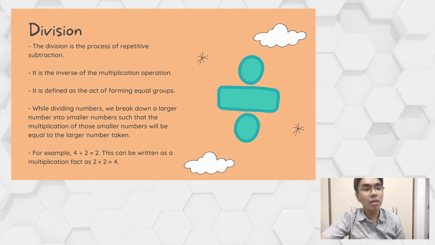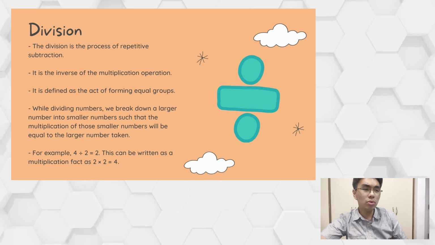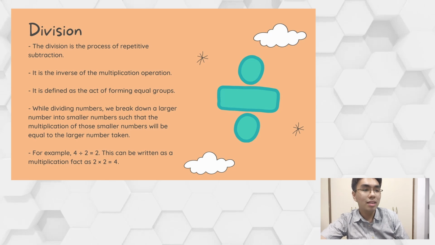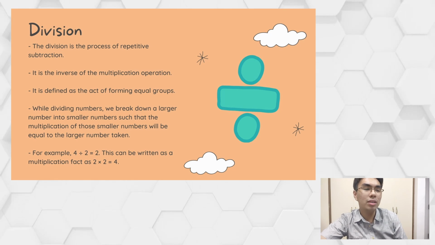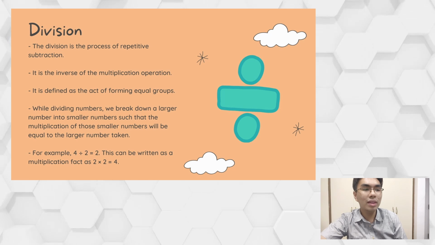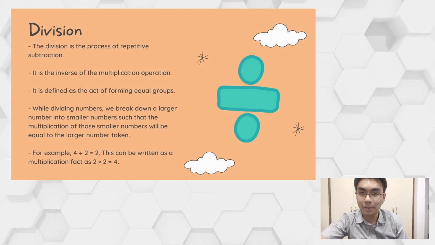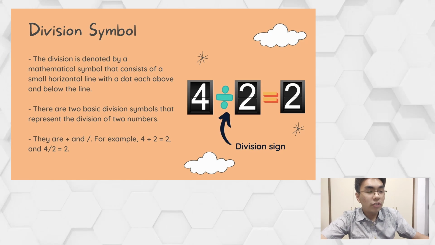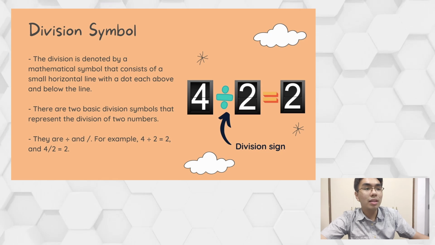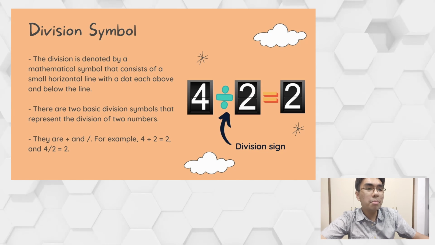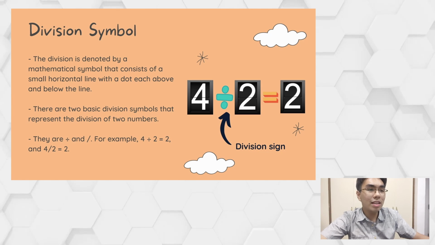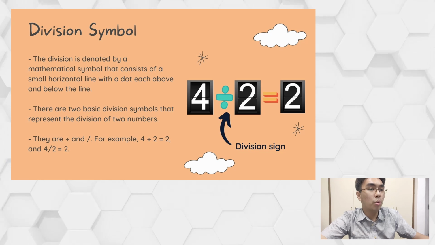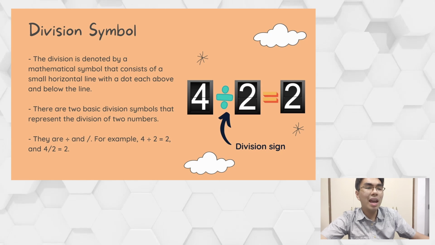For example, 4 divided by 2 is 2. This can be written as a multiplication fact as 2 times 2 equals 4. The division is denoted by a mathematical symbol that consists of a small horizontal line with a dot above and below the line.